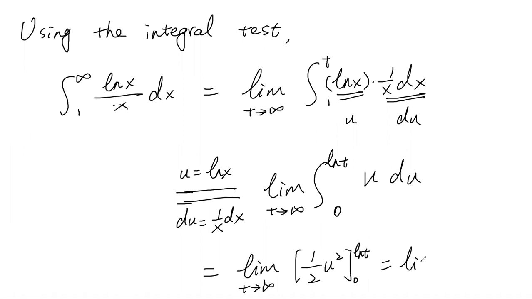And this is the limit as t approaches infinity of natural log of t squared divided by 2. And this is equal to infinity, because natural log of t goes to infinity as t goes to infinity, so the square of the natural log of t also goes to infinity as t approaches infinity.